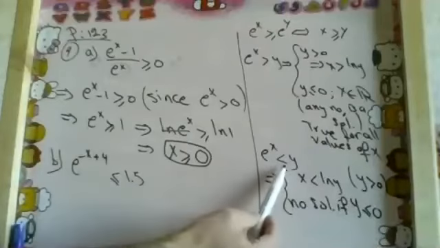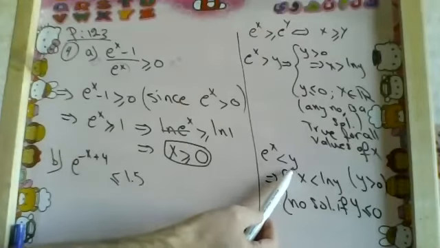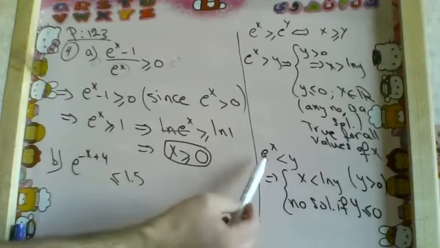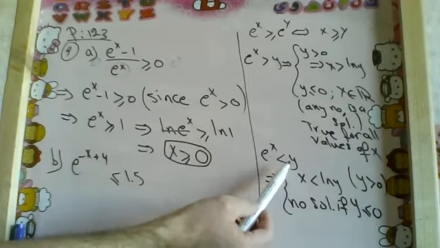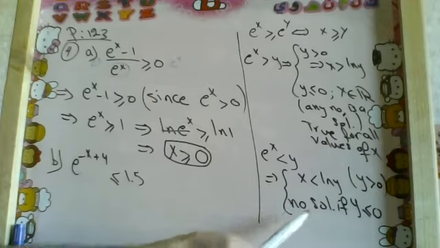And if y is negative, e power x less than negative number, it's impossible. Or e power x is less than 0, it's impossible. So we write here no solution.